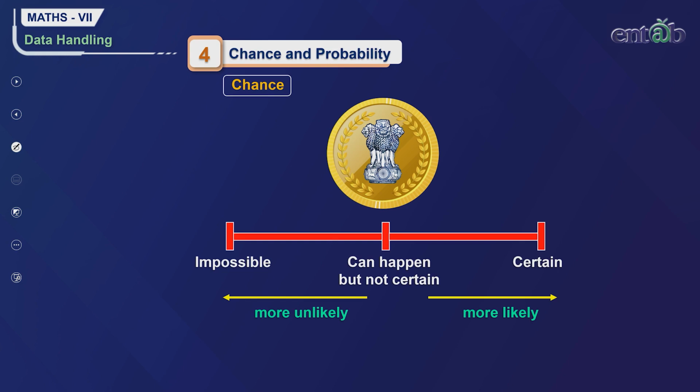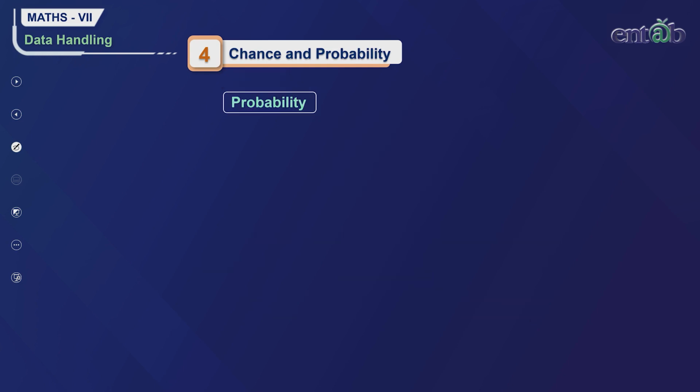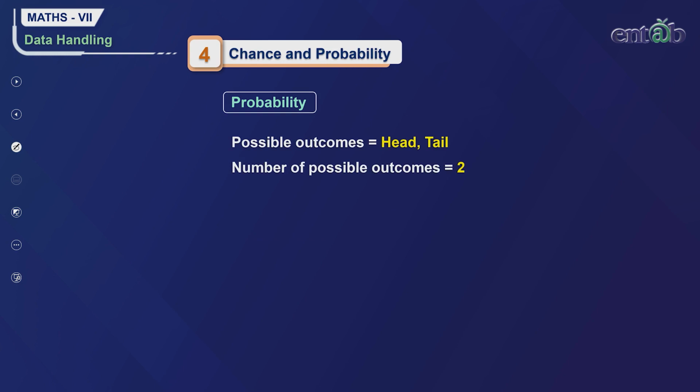So let's find out the probability of getting a head. Here you can see that the possible outcomes when we flip a coin are head and tail. How many possible outcomes are there? They are 2, right? And which is our favorable outcome?